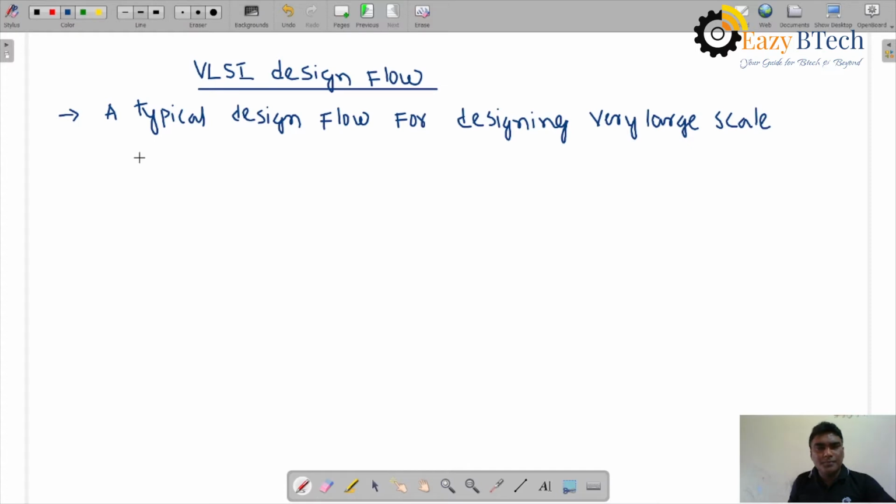Very large scale integrated, that is nothing but VLSI, very large scale integrated IC circuits. Let us see the design flow.